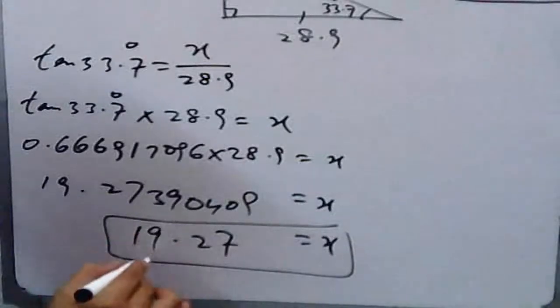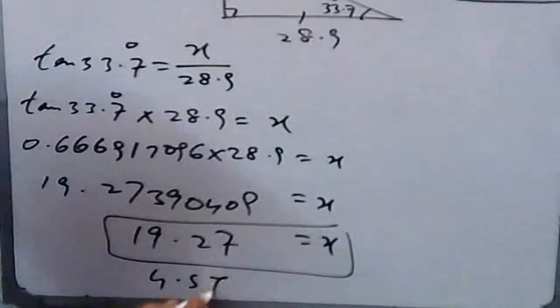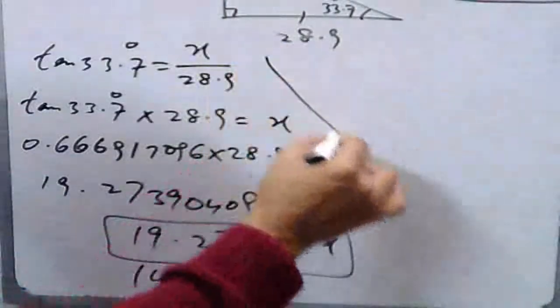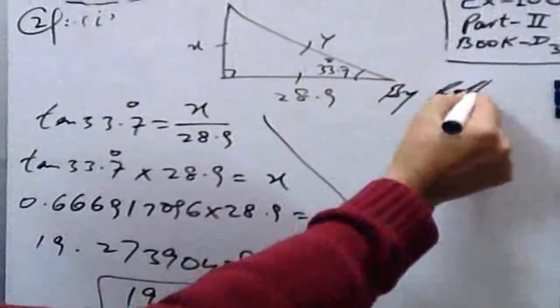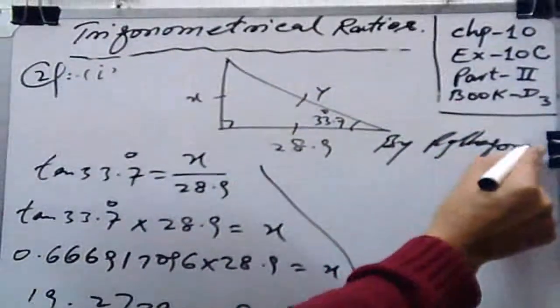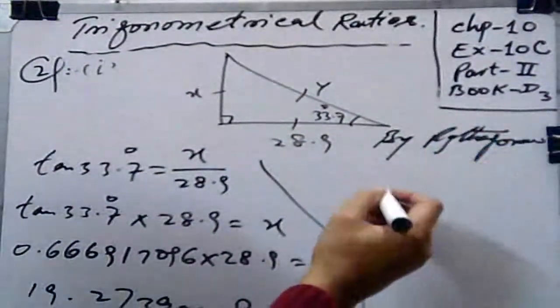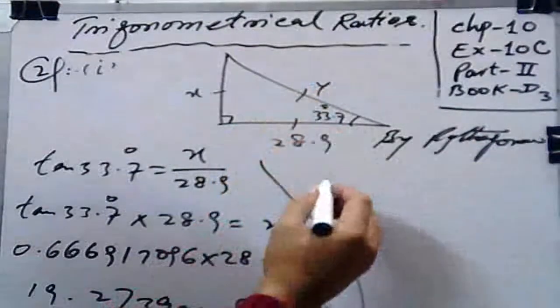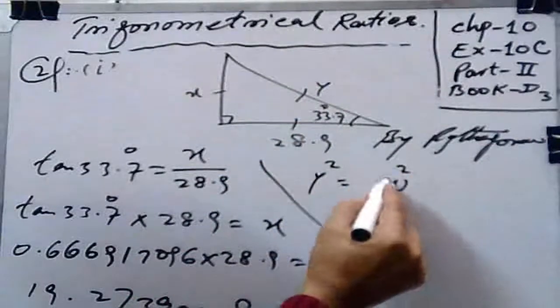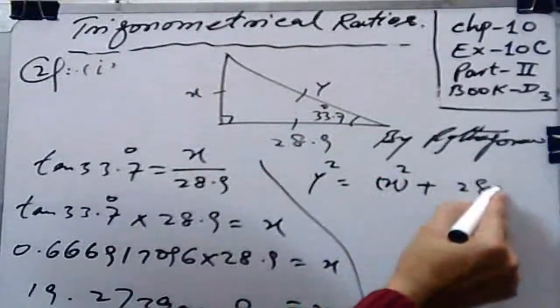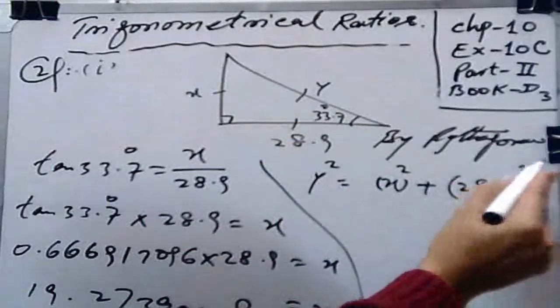So 19.27 up to 4SF. Similarly, now the third side with the help of Pythagorean property. So by Pythagorean property, we know that hypotenuse square is equal to x square plus base square.